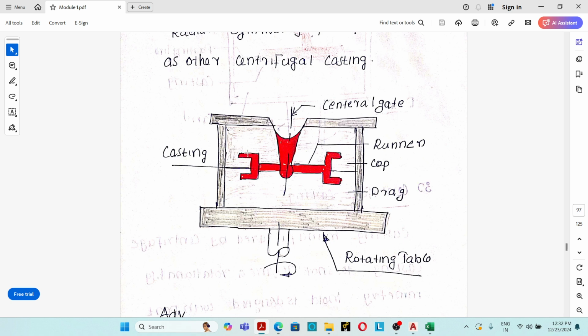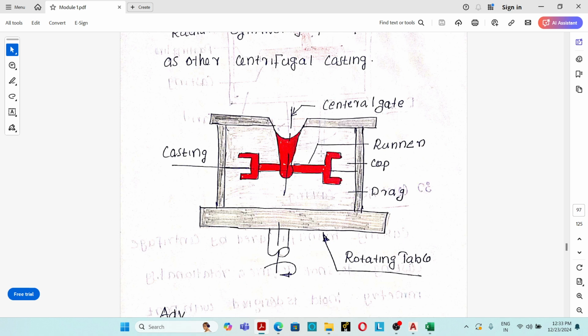Multiple castings are produced, high density because they are located away from the axis of rotation, and the impurities are located in the center. So the important points of the centrifugal casting process are that the axis of rotation of the cavity and of the mold are different, and multiple cavities are used.